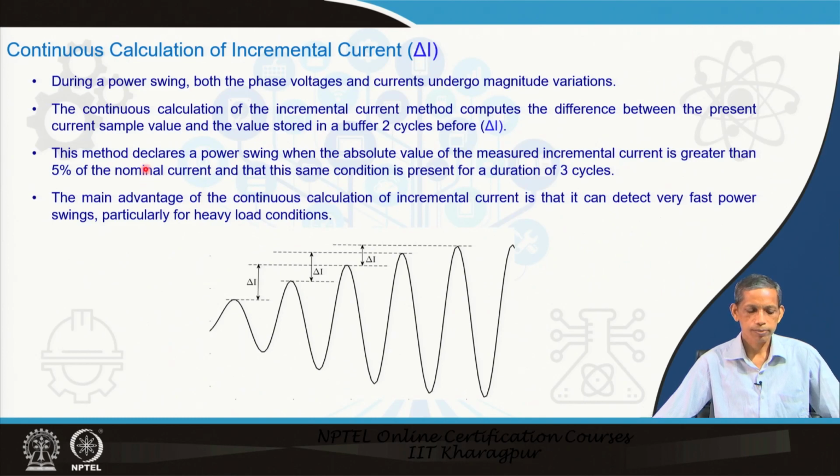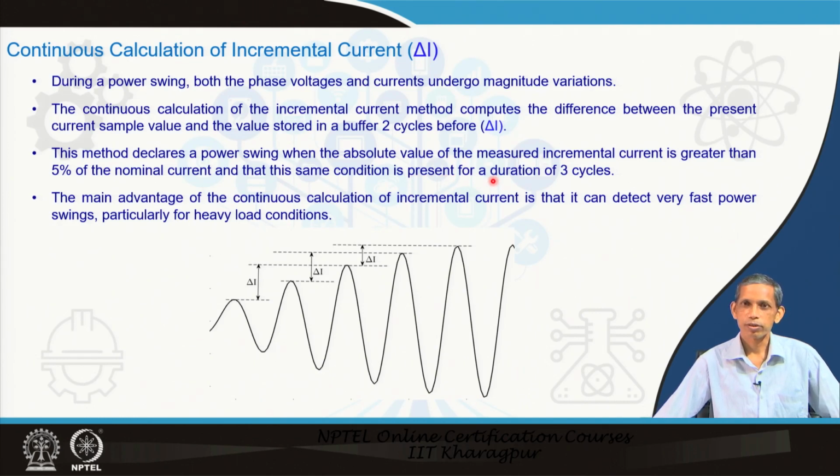The method declares a power swing when the absolute value of the measured incremental current, the absolute value of delta I, is greater than 5% of the nominal current of the system, and the same condition is present for a duration of 3 cycles.